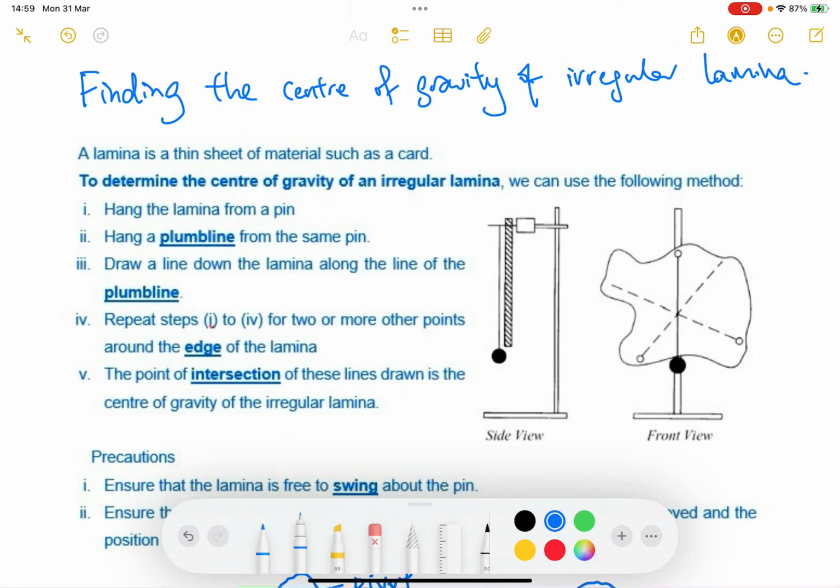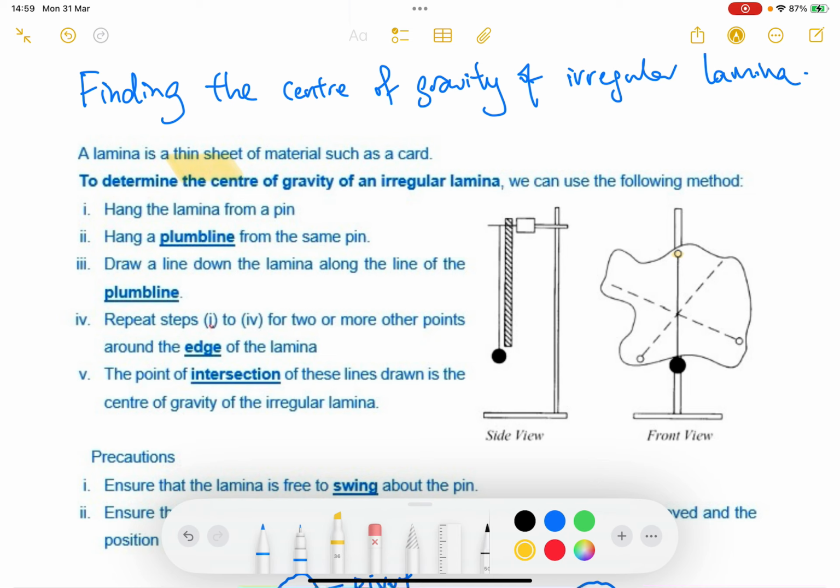All right, this is the procedure for the experiment. Okay, when we have a lamina, which is a thin sheet of material, such as a card, we can pierce a hole on the card, and we hang the lamina from a pin.